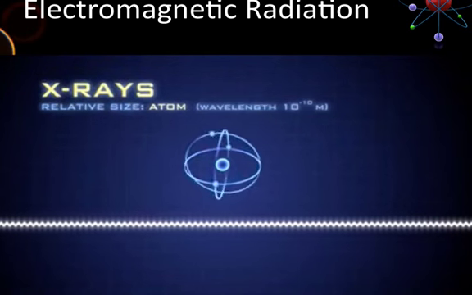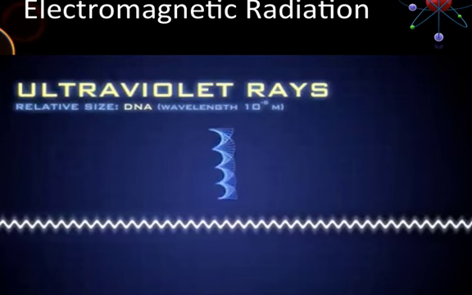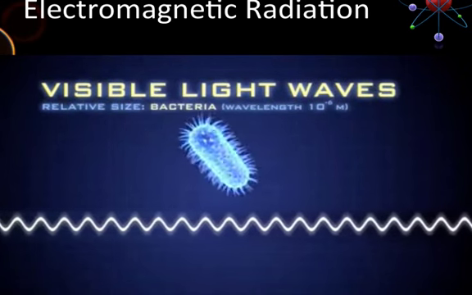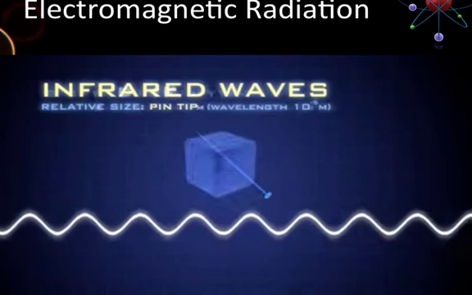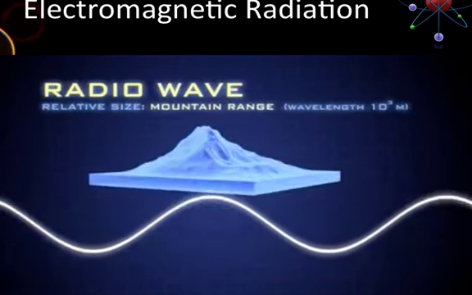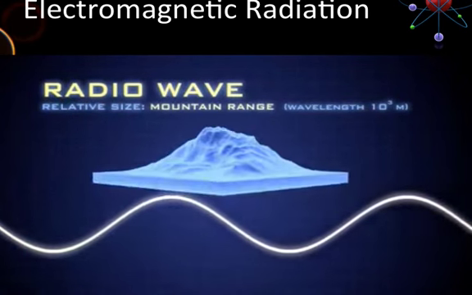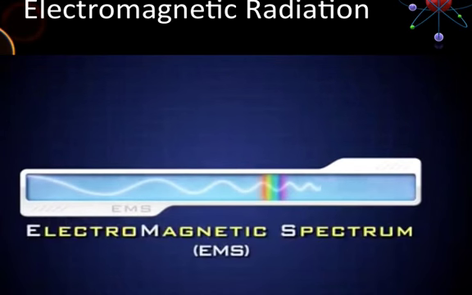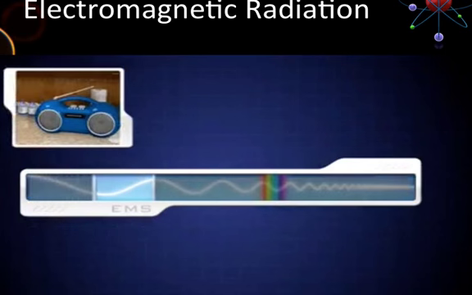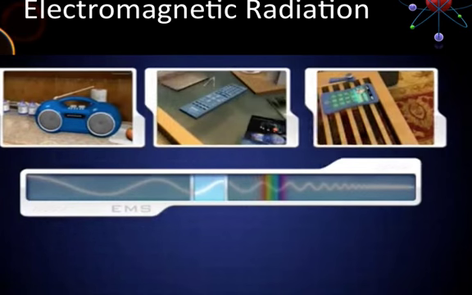These are gamma rays, X rays, ultraviolet rays, visible rays, infrared rays, microwaves, radio waves. All of these radiations are being emitted from the source of the sun.